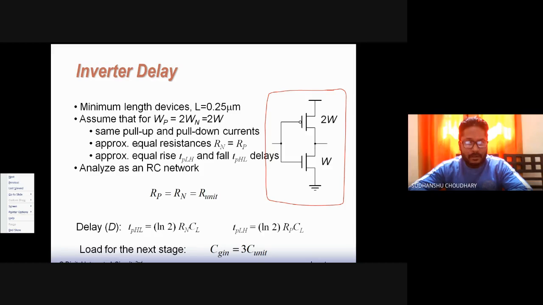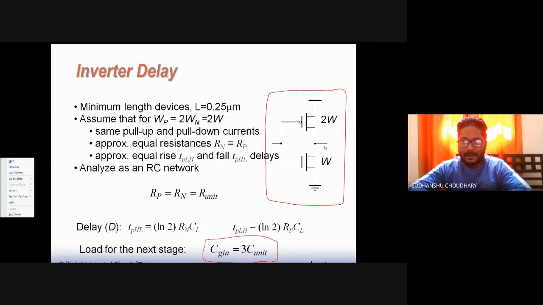Because this PMOS is twice wider than the NMOS, the capacitance appearing here at the input, CG in, should be equal to the capacitance of this plus 2 times the capacitance of this, because the capacitance of this will go up by a factor of 2.